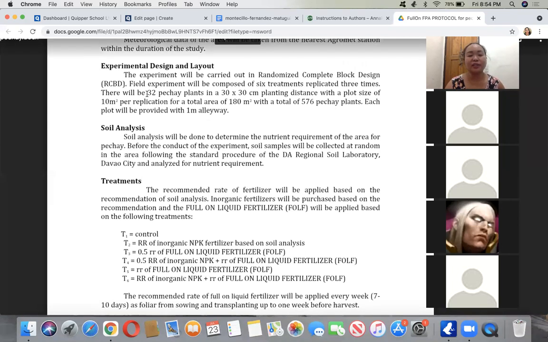So, you will also mention the number of sample plants. Like in this case, sa isang replication ng isang sample ay isang treatment and replication, there are 32 at saka yung planting distance, yan plot size, so you multiply the 30 times 30 centimeter.